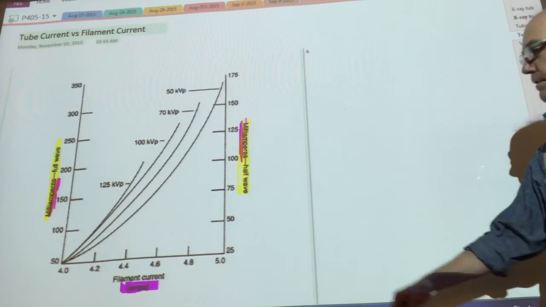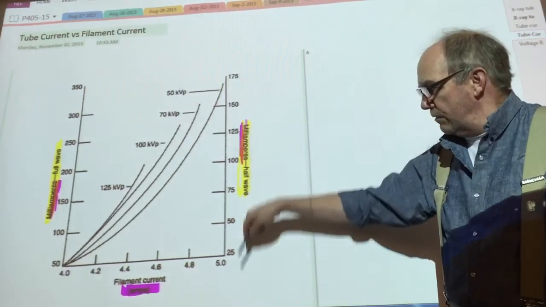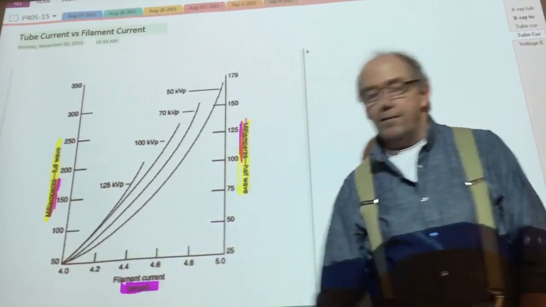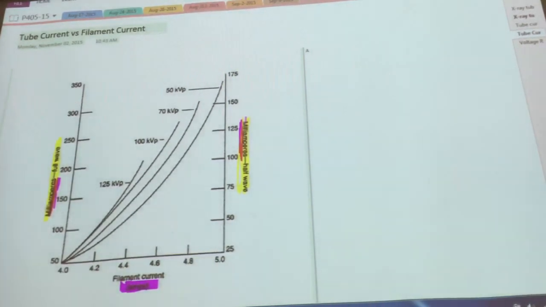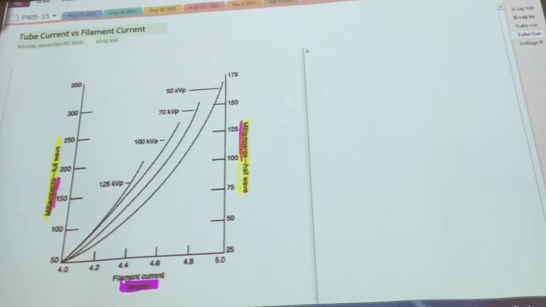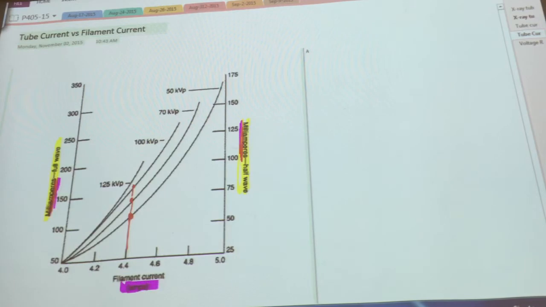All right, so we've got our two different rectified tube currents. We've got our filament current. And for something like 4.4 amp filament current, what are the possibilities indicated here? We have something there. We have something there. We have something there. And we have something there.